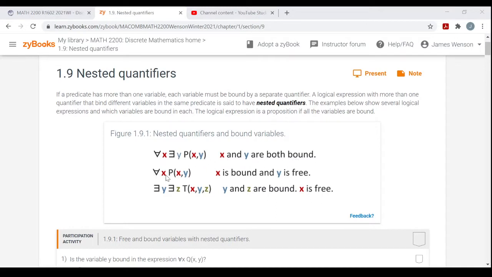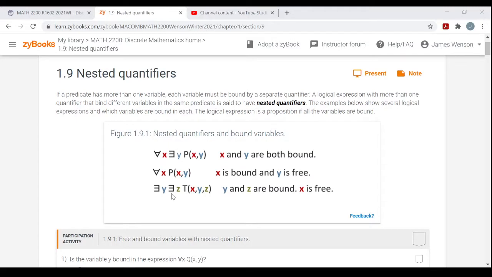In this second statement, you have for every x, p of x y. There's a variable in the predicate that is not bound to a quantifier. X is bound to the universal quantifier, but y is not. Y would be free. So the first statement on top is a proposition, and you can tell me if it's true or false. This statement you couldn't, so it is not a proposition.